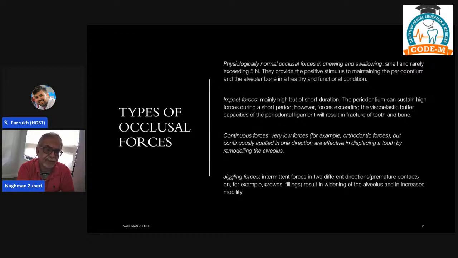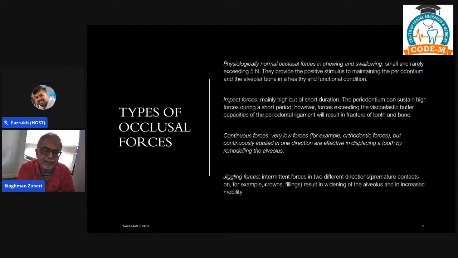Continuous forces. These are very low forces, just like the orthodontic forces. But when they are continuously applied in one direction, they may displace the tooth and they will remodel the alveolar bone, and the tooth is going to acquire a new position.